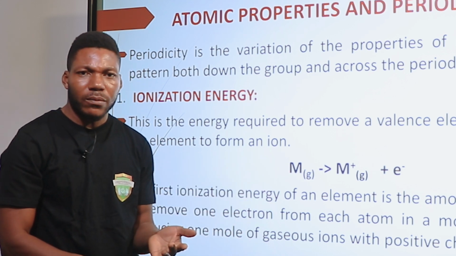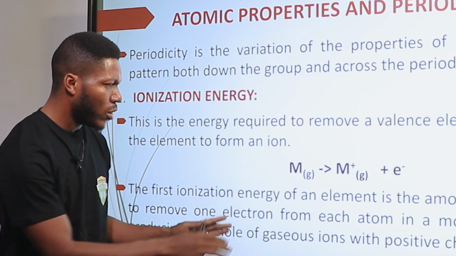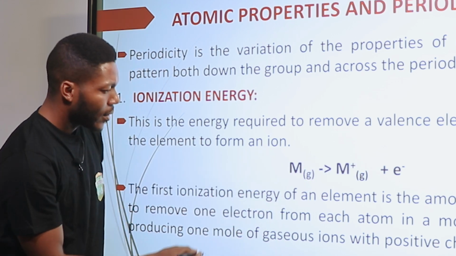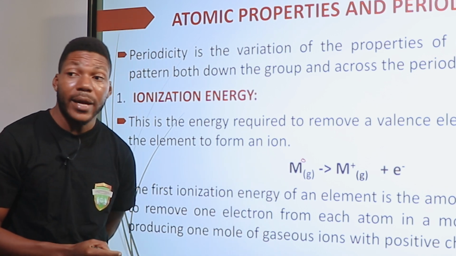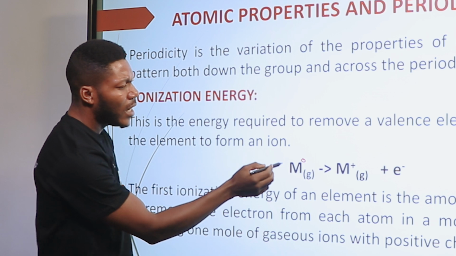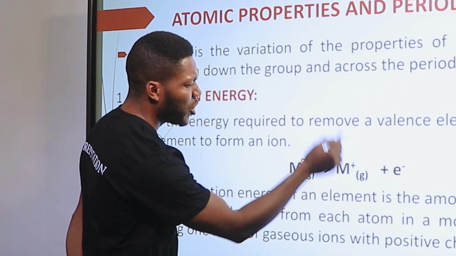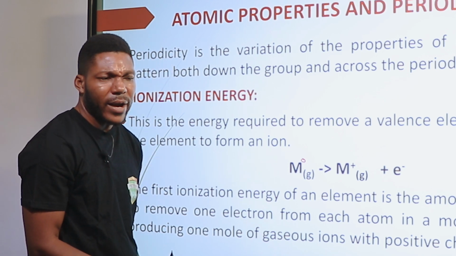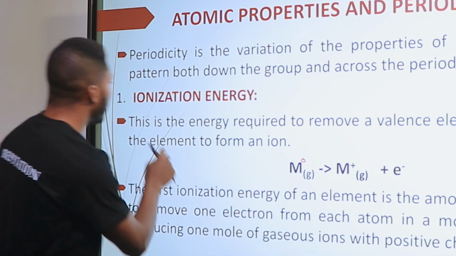It can be lithium, sodium, magnesium or calcium. I'm just using M to illustrate other metals. This is a normal metal with a neutral charge. What happened here? This metal now loses an electron and becomes positively charged.